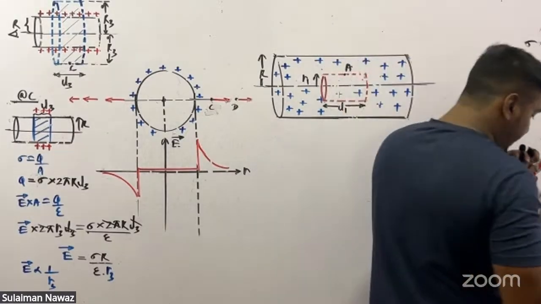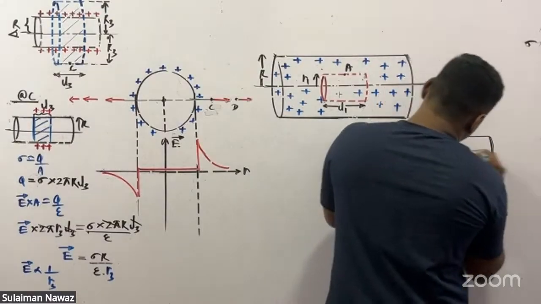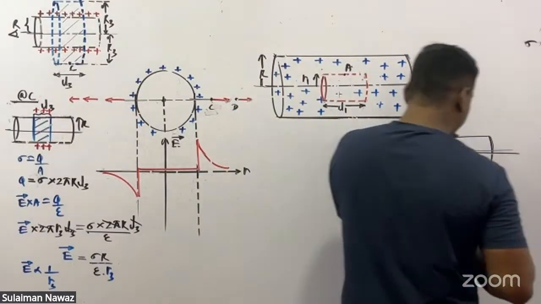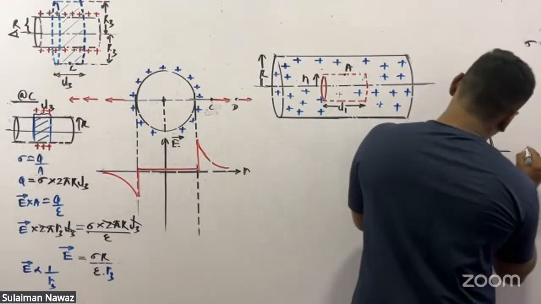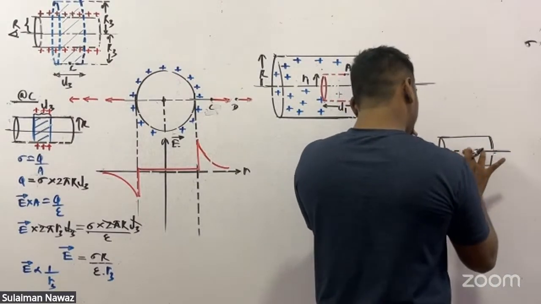This is the axis passing through the axis of the cylinder.